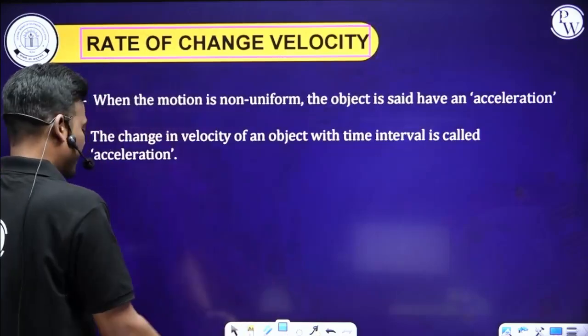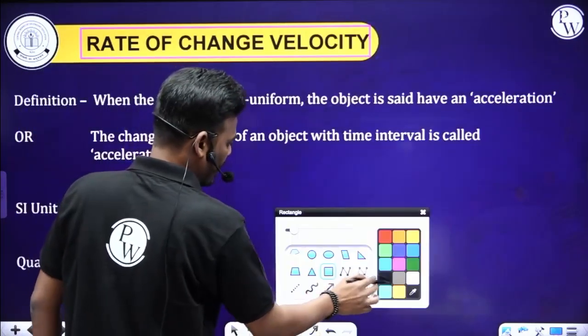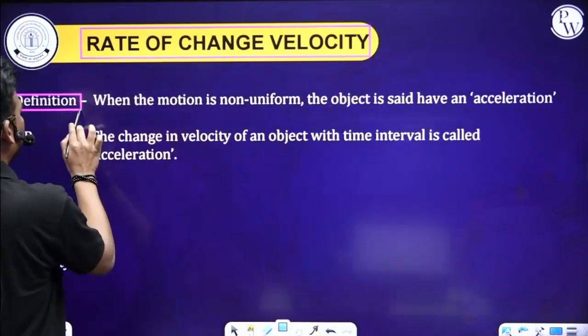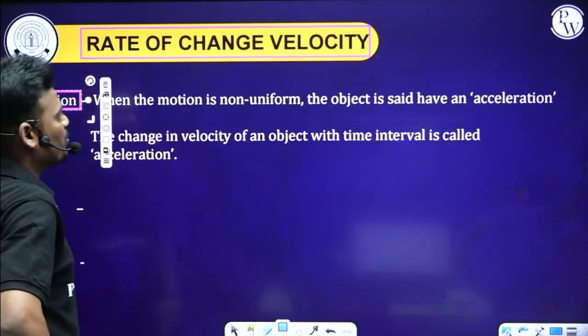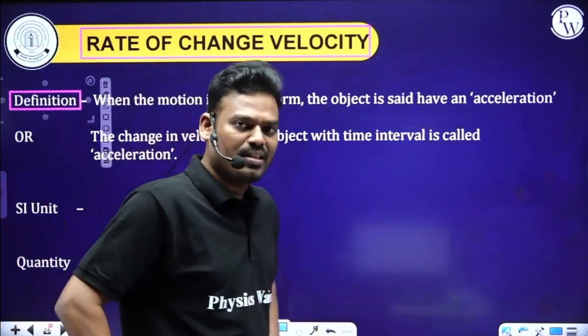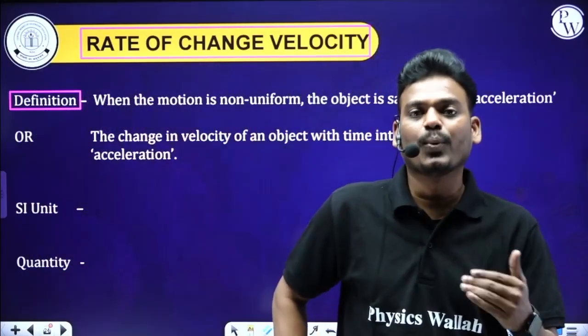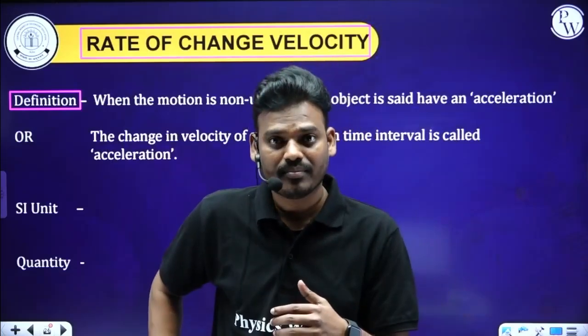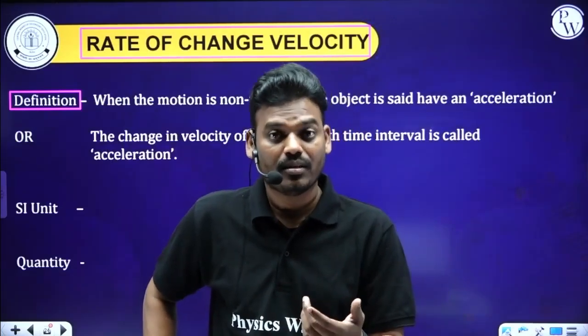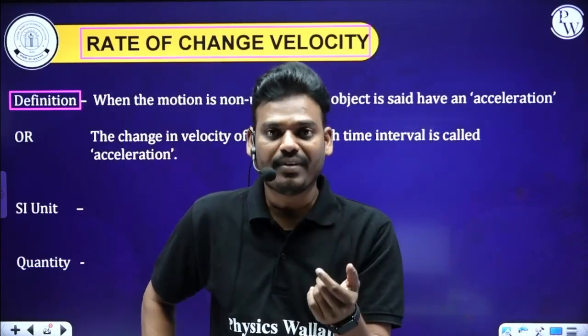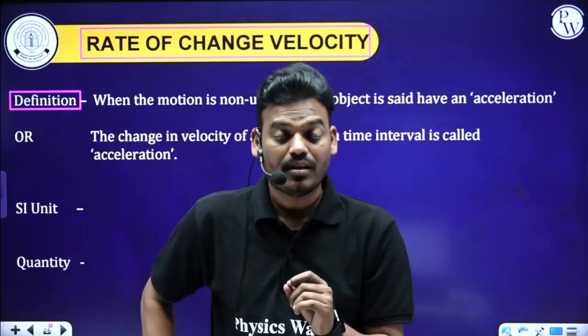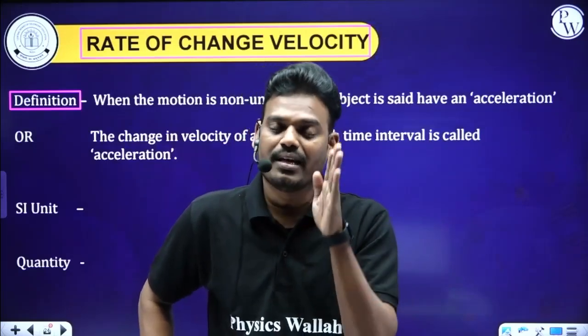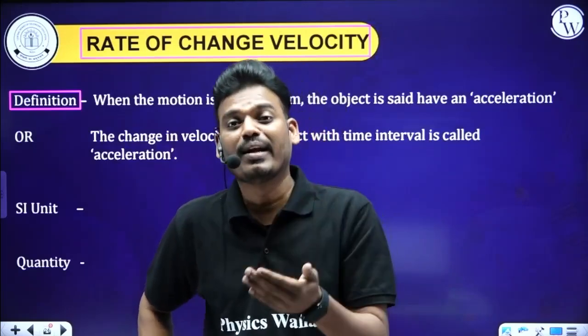Here is the definition. When the motion is non-uniform, it means the body does not cover equal distance in an equal interval of time. Then speed varies, and if the speed varies, velocity varies. If speed is constant, the body is covering equal distance in an equal interval of time.